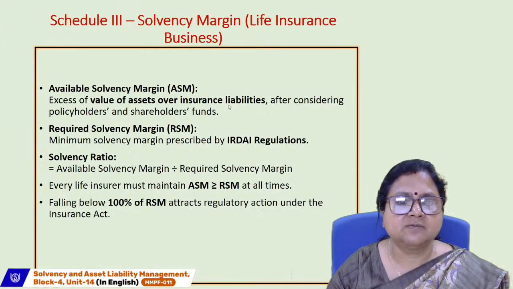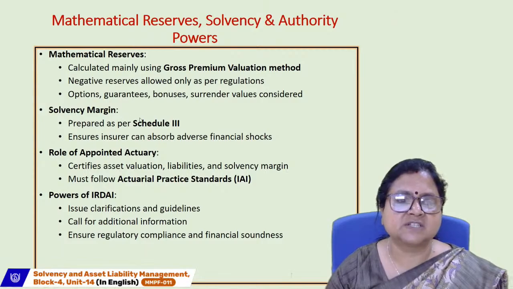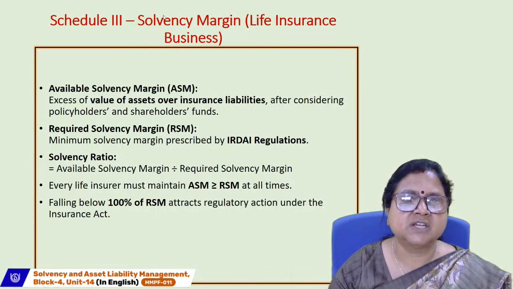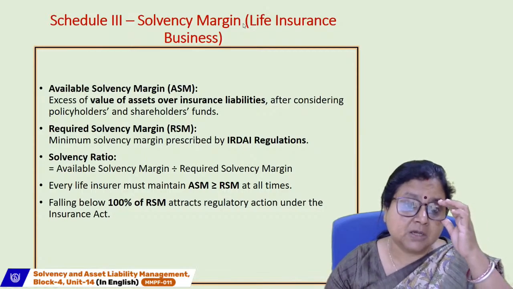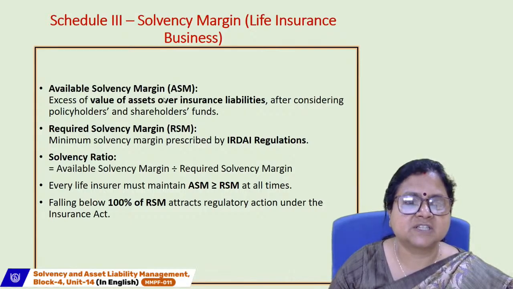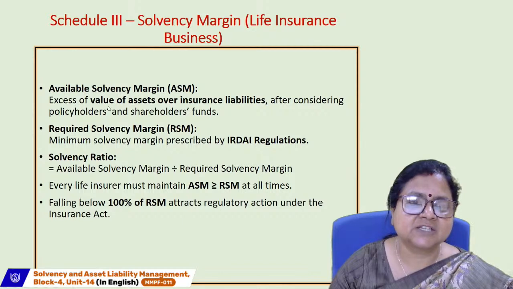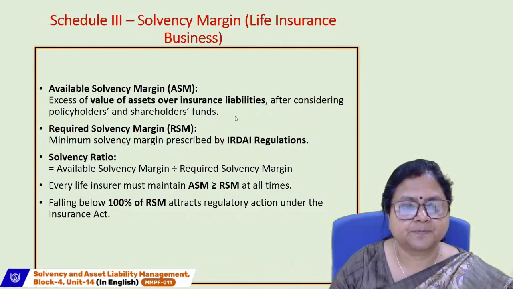Now, we were just talking about Schedule 3, which gives the solvency margin of life insurance business. This is applicable only for life insurance business. Available solvency margin. What is available solvency margin? It is the excess of the value of assets over the insurance liabilities, after considering policyholders' and shareholders' funds.